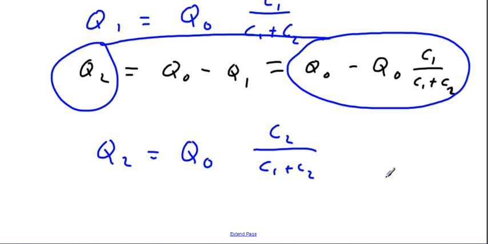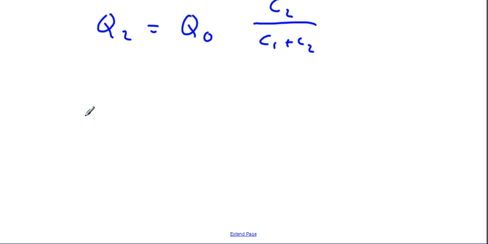And then I'm going to ask myself, what is the voltage? Well, V1 has to be V2, we know that. And V1 is Q1 over C1.